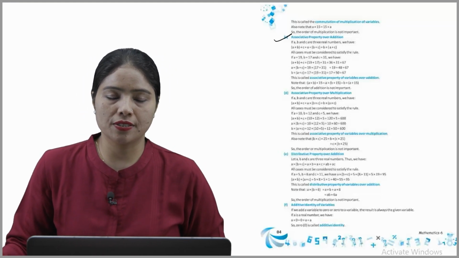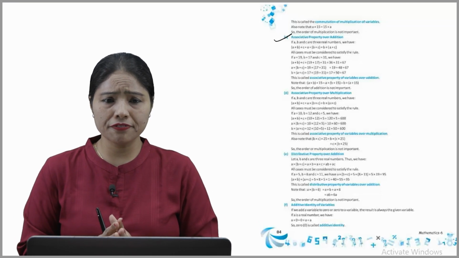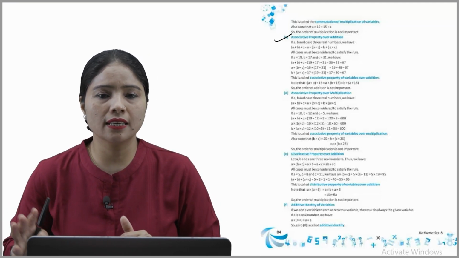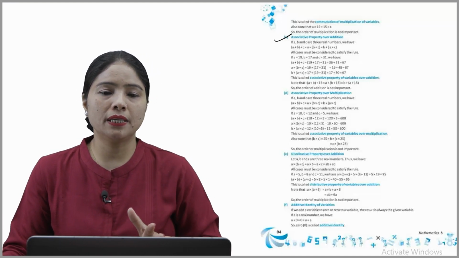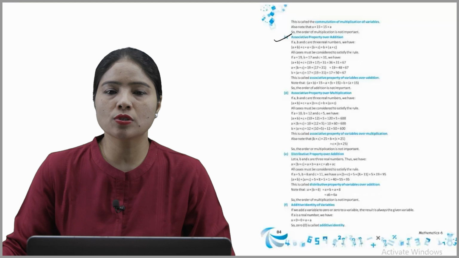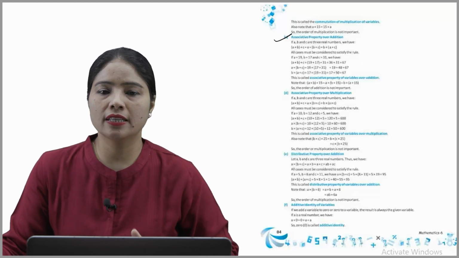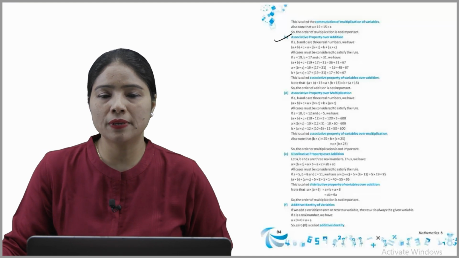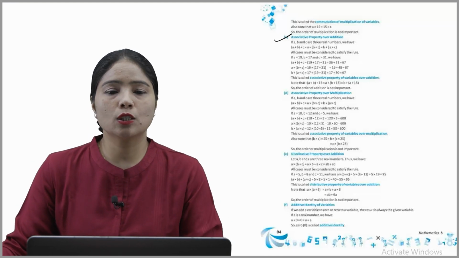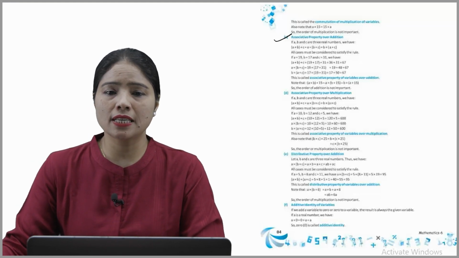Now see, associative property over addition. If a, b and c are three real numbers, we have a plus b plus c is equal to b plus a plus c. All cases must be considered to satisfy the rule. If a is 19, b is 17 and c is 31, then a plus b plus c is equal to 19 plus 17 plus 31.